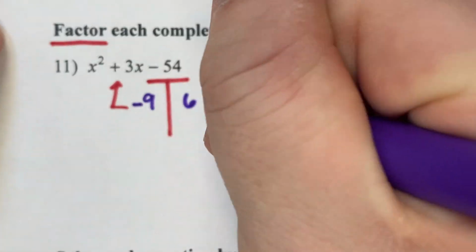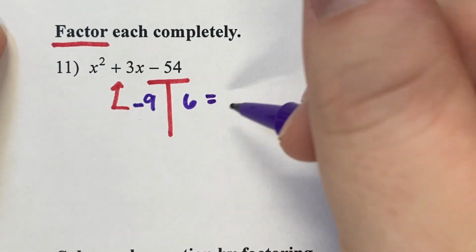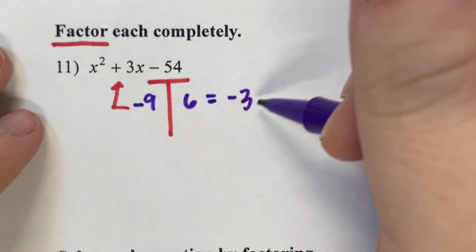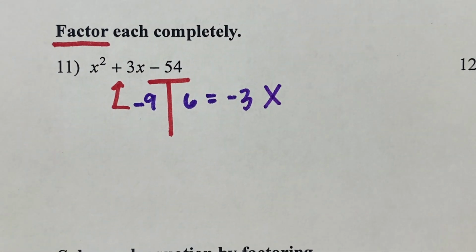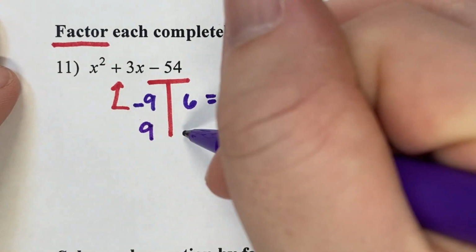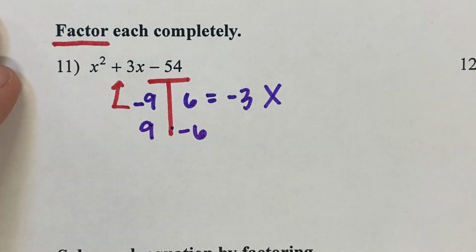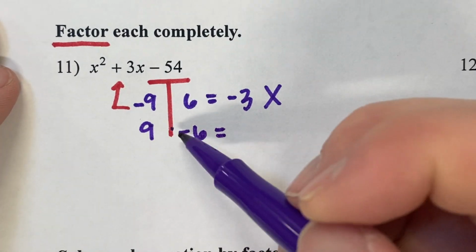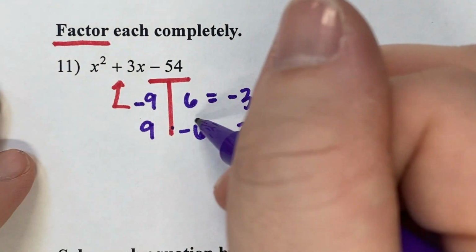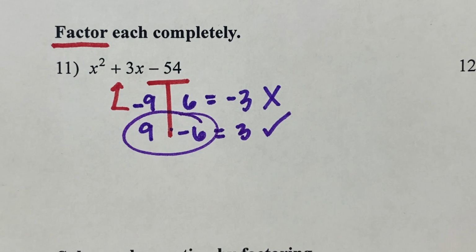Now let's see what they add up to. Negative 9 plus 6 gives me negative 3. Ooh, we're really close to positive 3, but that's not what we're looking for. So maybe let's try switching the signs. Positive 9 and negative 6. Well, 9 minus 6 gives me that positive 3 that I'm looking for, so I found the 2 numbers.